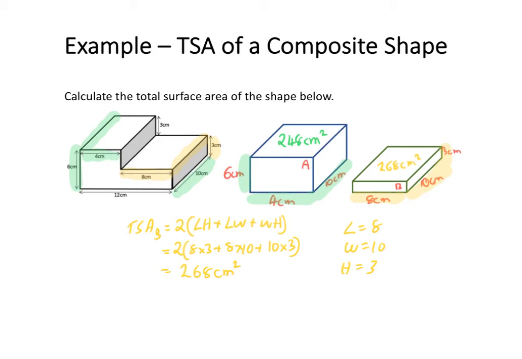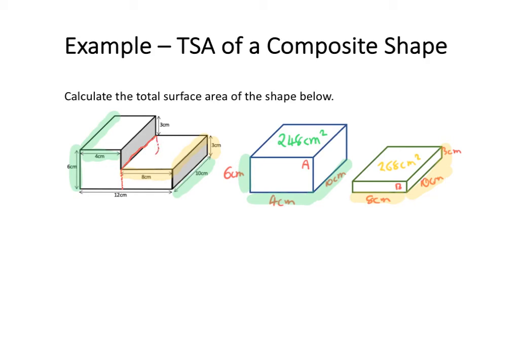So now that we know the total surface area for both of the rectangular prisms, we can go ahead and calculate the area of any joins. So looking at the composite shape, I can see the two rectangular prisms are going to join along there. And that join's going to go all the way to the back and form a rectangle. Now the rectangle is the same as the rectangle that is down the end.